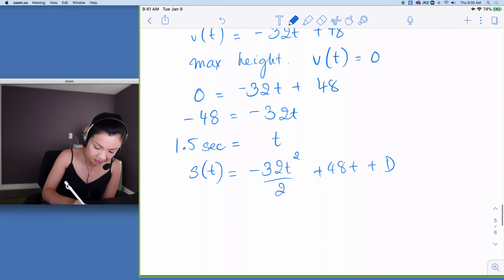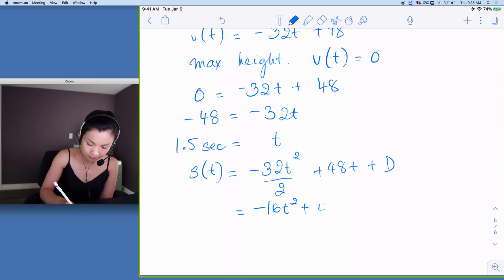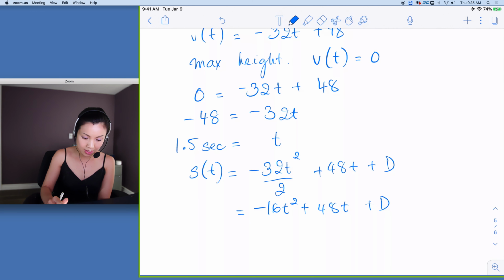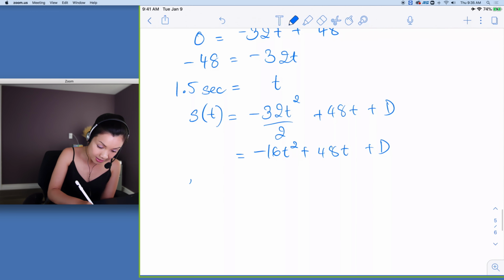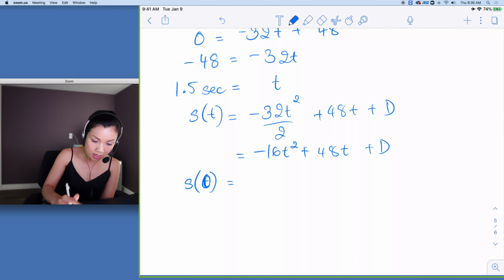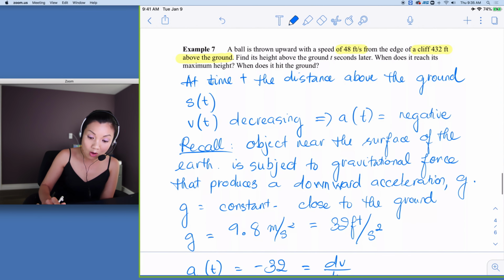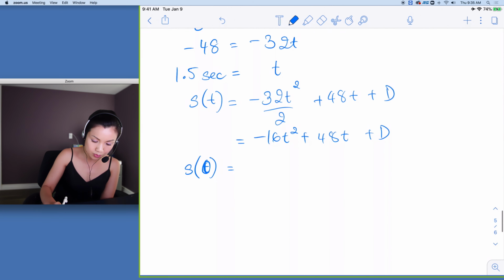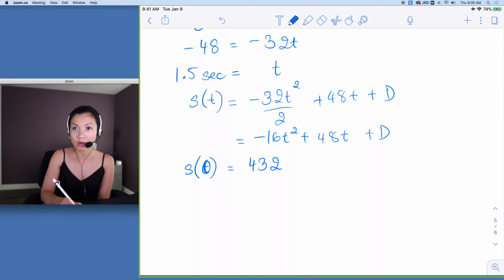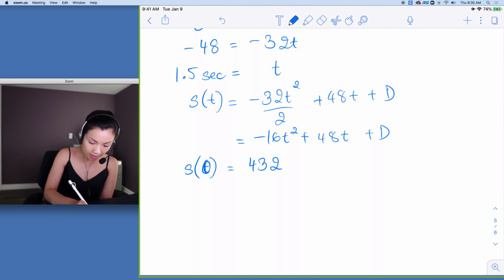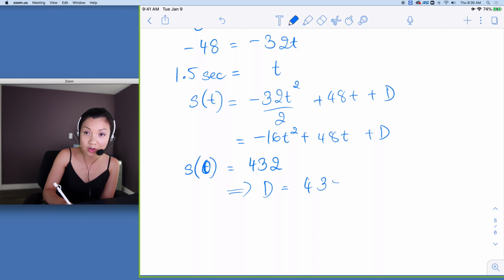I'm going to simplify it so we get negative 16t squared plus 48t plus d. Now we're going to use the fact that s of 0 is 432. Therefore, when you plug it in, d is going to be 432.